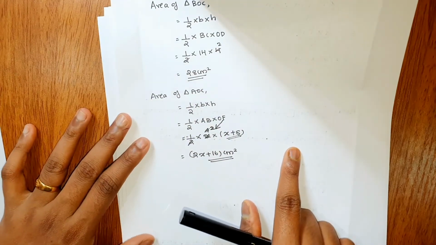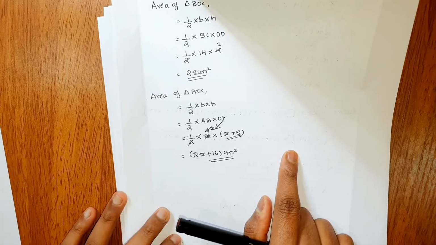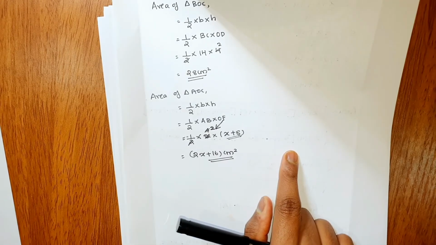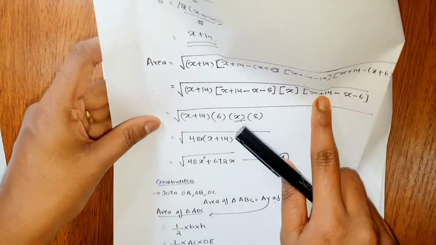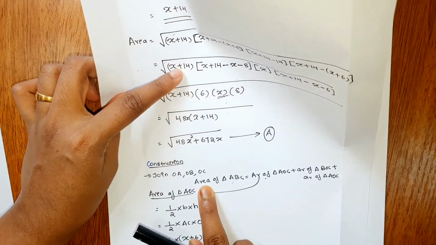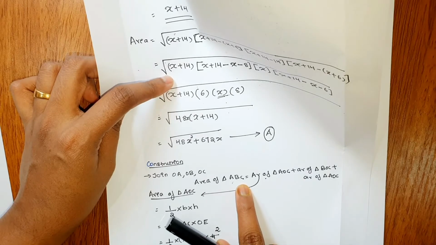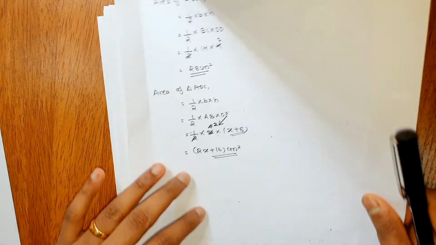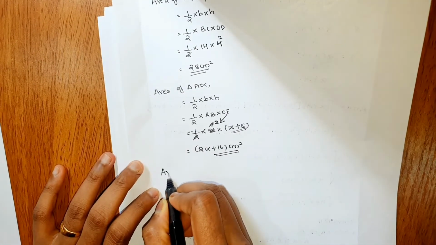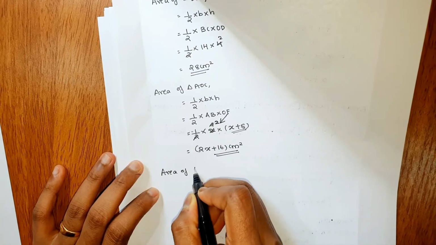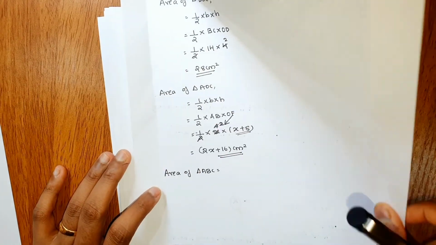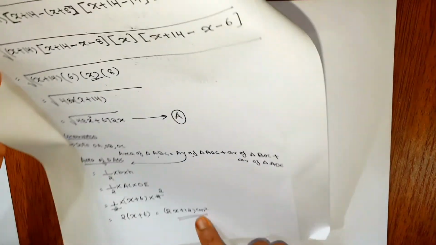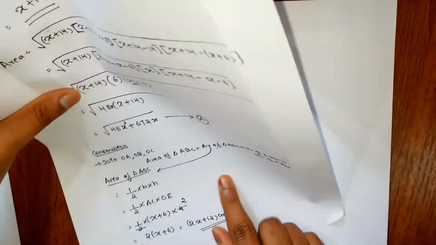Okay. Next we can find the sum of all these triangles to get the total area of triangle ABC. So area of triangle ABC is equal to, we are adding all these areas. The first area was 2x plus 12.